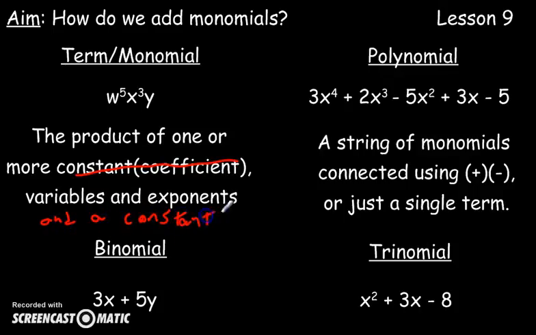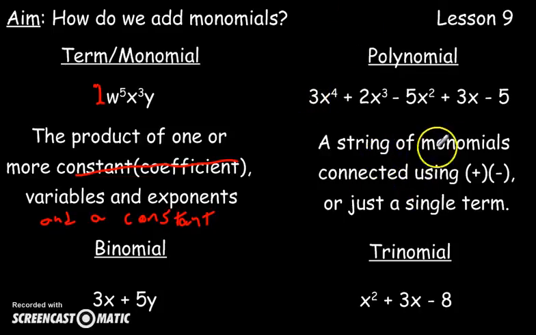I wrote that poorly, I apologize. So in this case, the constant is the coefficient, which if there's none listed, like we said before, is really 1. Okay, so this is 1w to the 5th x to the 3rd y.